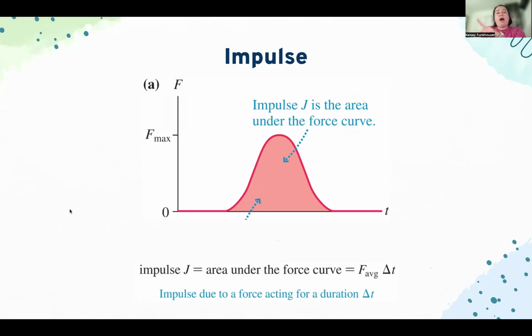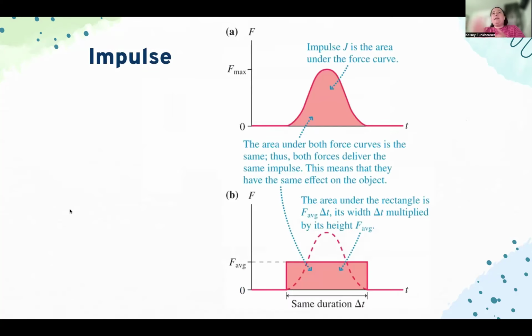I want to talk about why it is the average force. Realistic force curves are going to be gradual, both in the initial buildup of the force to the maximum point and then the decrease also. But it's kind of hard to work with that sometimes.